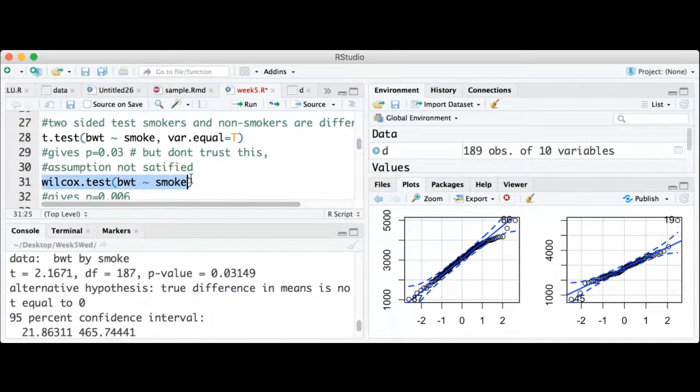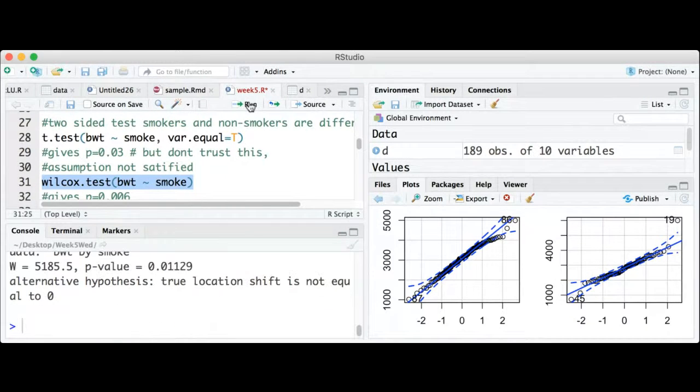Okay, so Wilcox, what does that give? Okay, so the Wilcox gives me the Wilcox statistic, which is similar to the t statistic, but calculated differently. It gives me that number there, which doesn't mean much on its own unless you really know the Wilcox test, but the key value here is the p-value.